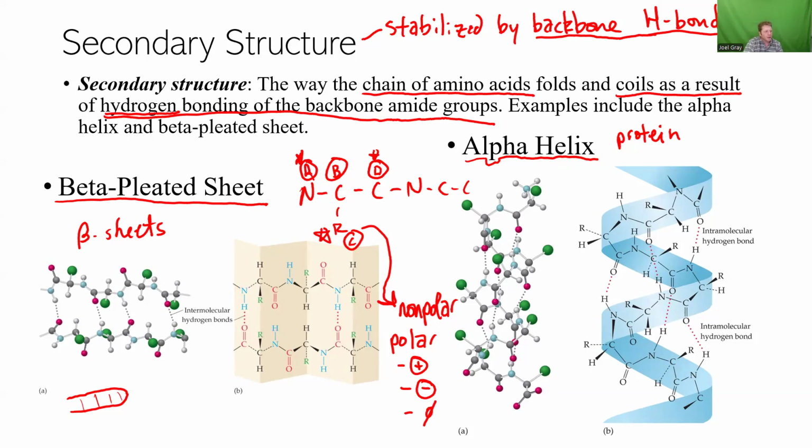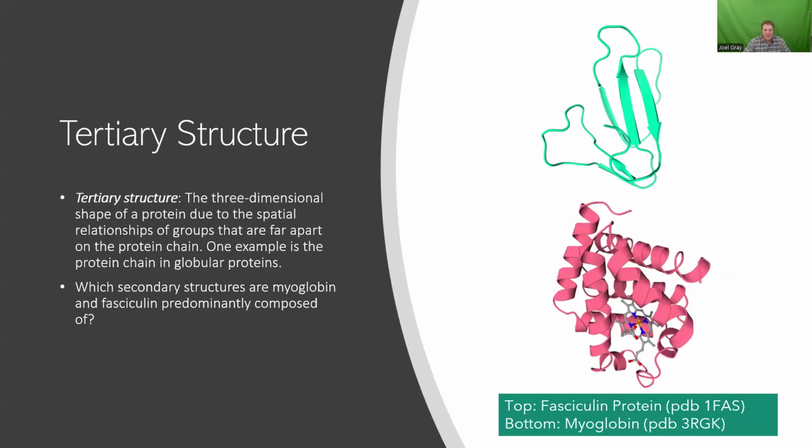And then there was one last group, our aromatic amino acids. Distinguishing an amino acid as polar or nonpolar or aromatic really hasn't become a part of the conversation when it comes to the primary and secondary structure of a protein. We get into that when we talk about the tertiary structure of a protein.